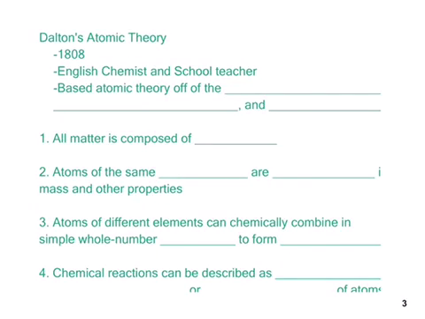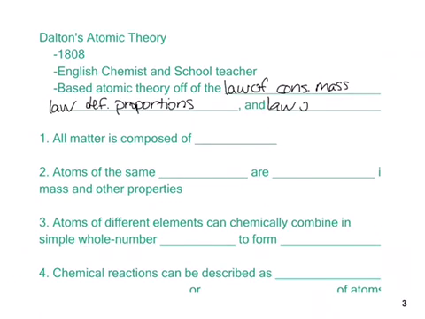And in 1808, an English chemist and school teacher by the name of John Dalton based an atomic theory off the law of conservation of mass, the law of definite proportions, and the law of multiple proportions.